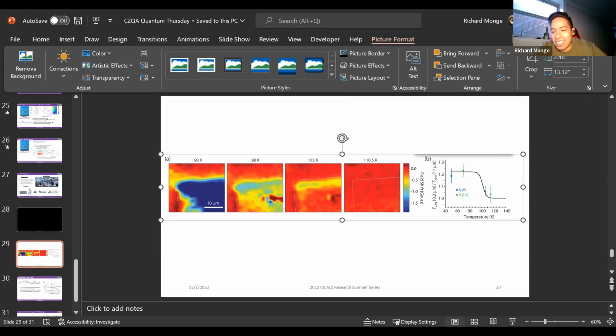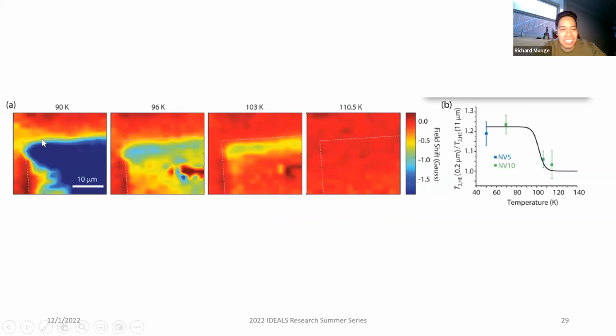So these are the temperature ranges that we have done. We did it from 90 Kelvin up to above the transition temperature of the superconductor. You can see that the Meissner effect disappears. And these are the temperature ranges in which we did the scans. And you can also see that the effect of the coherence enhancement disappears above the transition temperature of the superconductor.